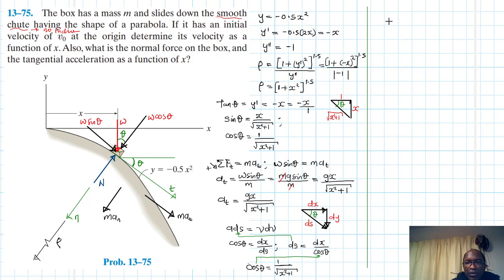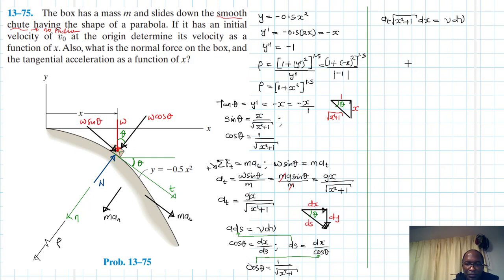So let's write what we have. We are going to have a_t that we want to replace, and then our ds just becomes dx divided by cos theta, which is 1 divided by root of x squared plus 1. But this is as good as the root going on top, so we write it as root of x squared plus 1, because it was underneath, then we have our dx, and this is just equal to v dv.